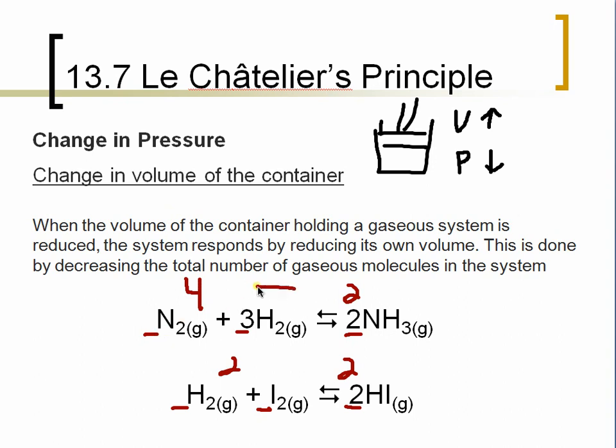It'll start to shift to the left. So since it's shifting to the left, that means my N2 will increase and my H2 will increase and my NH3 will decrease because I'm giving them more space to move around. The equilibrium will shift to the left. So pressure and volume are related, and it does matter how many molecules you have. And if it has equal number of molecules, it has no change whatsoever.